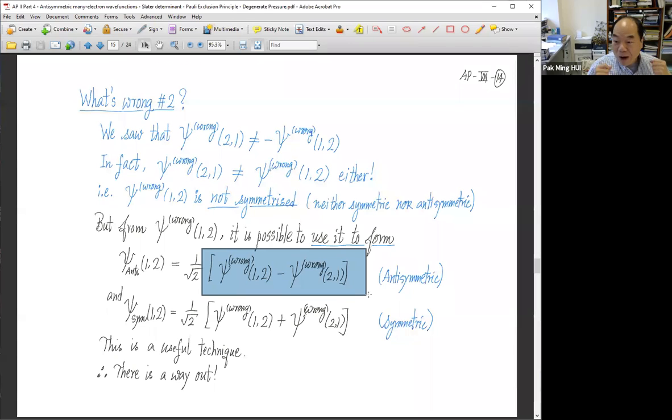Okay, so we found a way out to write down something antisymmetric. Exploring this funny way deeper, we could also form a symmetric combination as well. That will be useful when we consider the excited state a bit later.